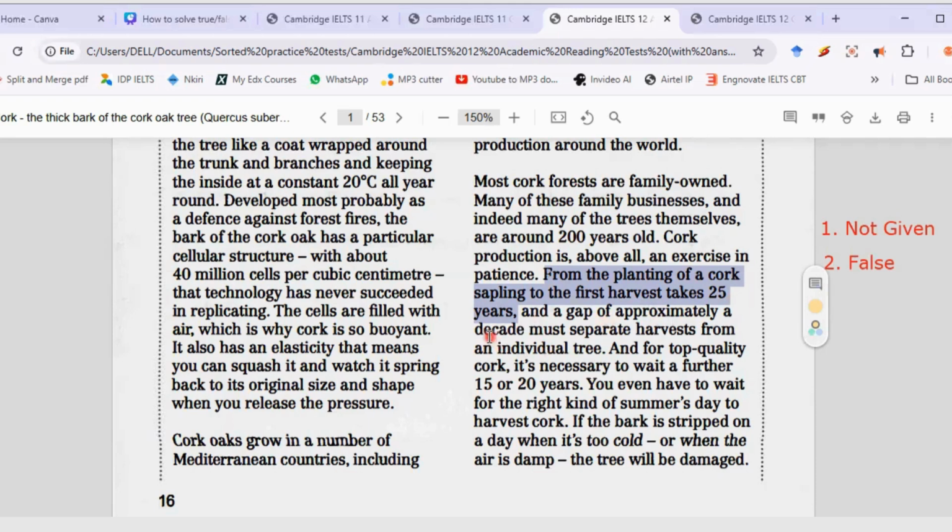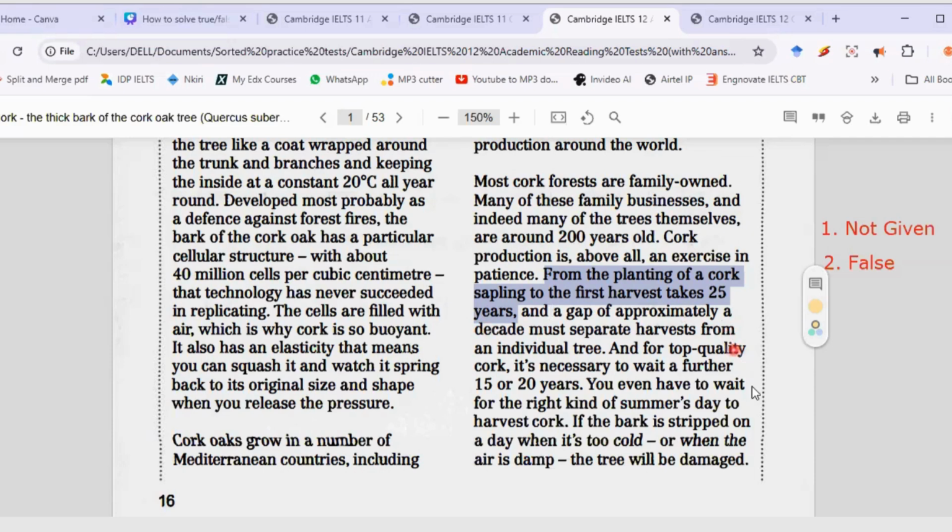Who can tell me? Decade stands for 10 years. Very correct. So a gap of approximately a decade must separate harvests.